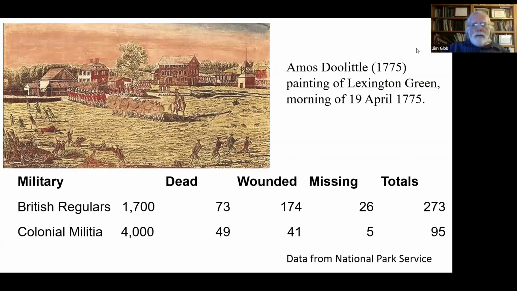An officer detached a number of redcoats, infantrymen, to confront the militia, told them to disperse, which apparently they were inclined to do. But a shot was fired, nobody knows by whom, and the British opened fire and the militia returned fire.